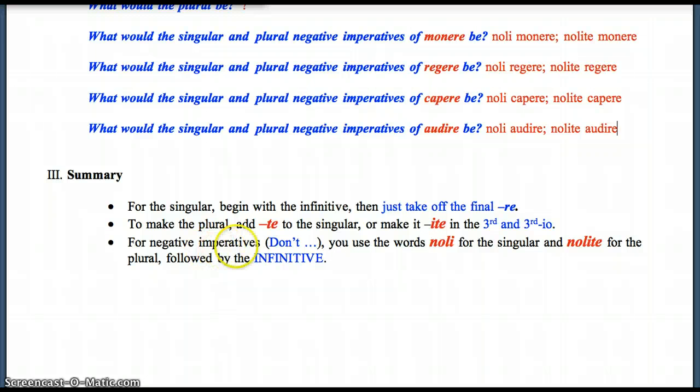For negative imperatives, you're going to use the words noli for the singular, nolite for the plural, and really you have to know the difference between noli, this thing, and nolo, which is the first person singular. So nolo versus noli. Know that stuff.